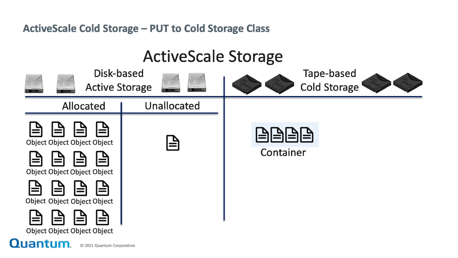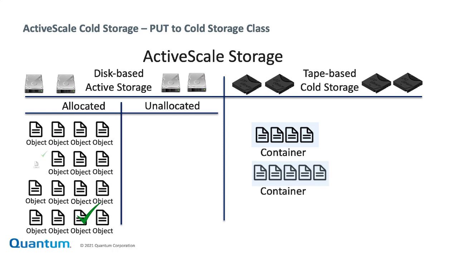It won't immediately write that object to tape because, like in the previous example, we want to create containers for efficiency. So ActiveScale will hold on to an object and wait for more objects to come in or even transition. Once we get enough objects, ActiveScale will create the container, write the container to tape, and then do any cleanup that needs to be done.